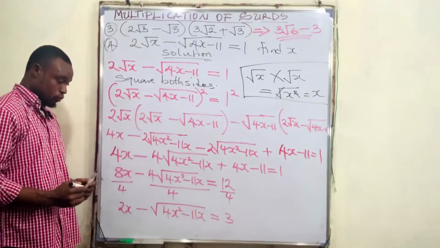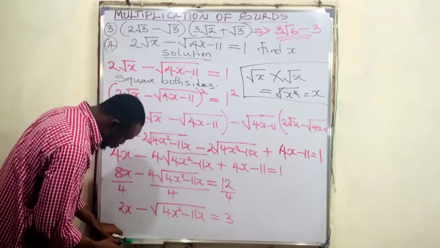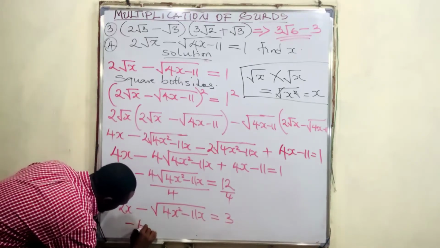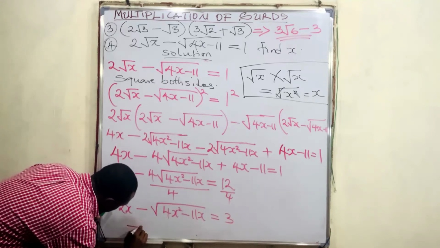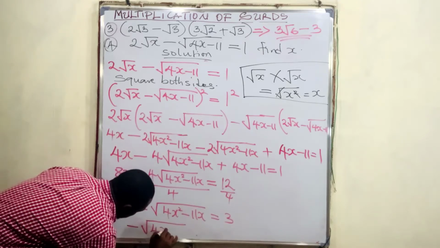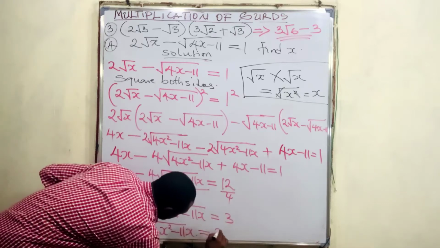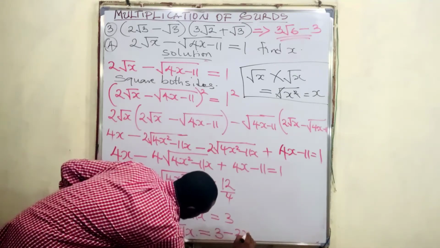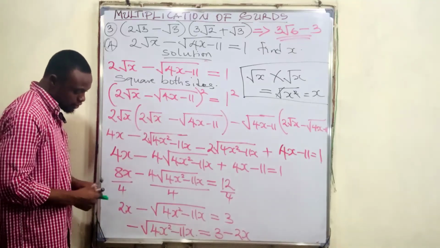So the next thing is to take this to the other side. So if we take 2x to the other side, we have minus root 4x squared minus 11x to be equal to 3 minus 2x. 3 minus 2x. Okay?